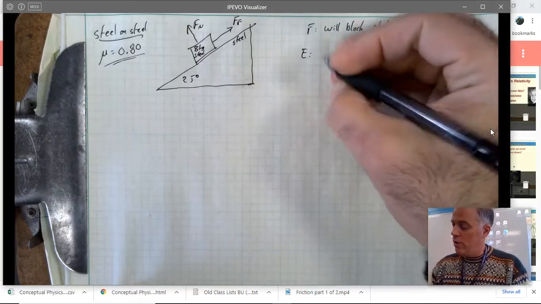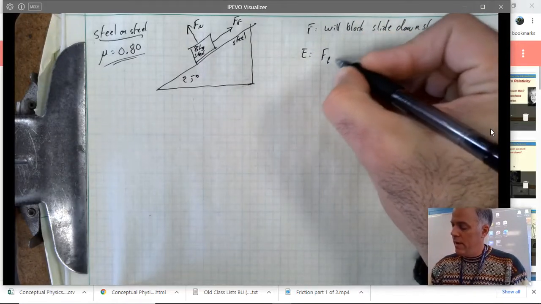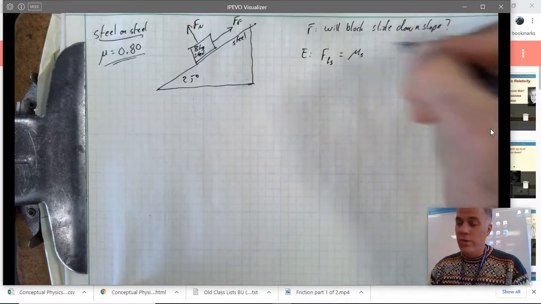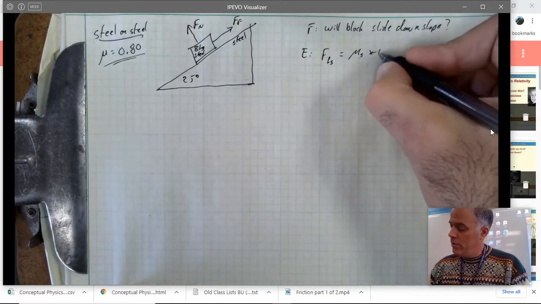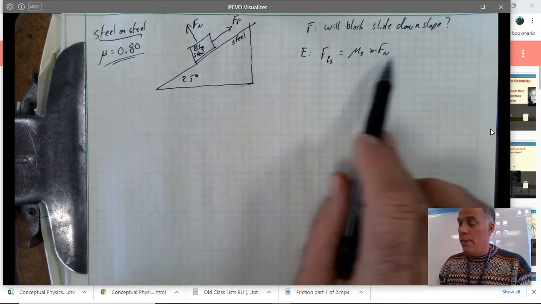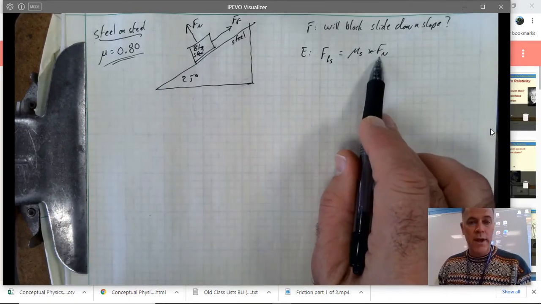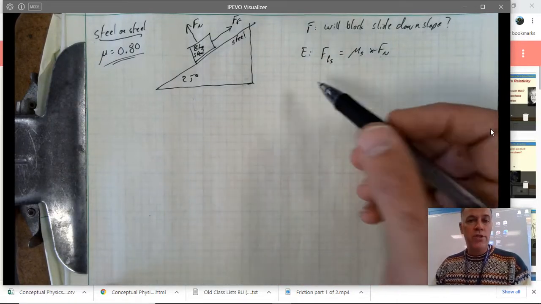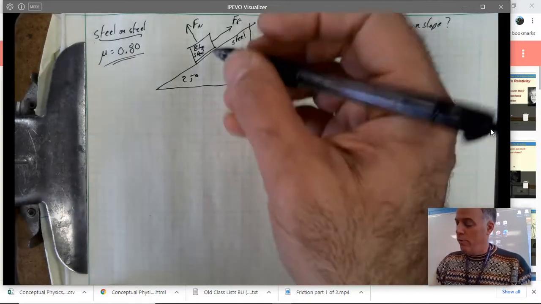The equation, as you know, is the force of friction, and this is going to be static friction in this case, is equal to mu static times the normal force. So basically we have to find numbers to feed particularly this one here, and then see if there's enough frictional force to overcome the downslope force.